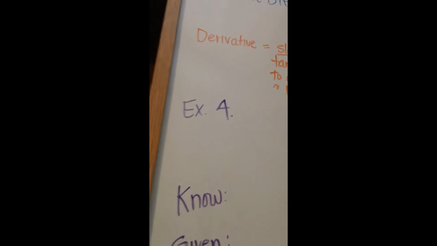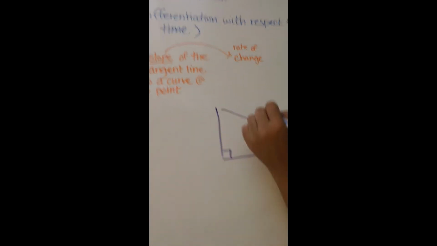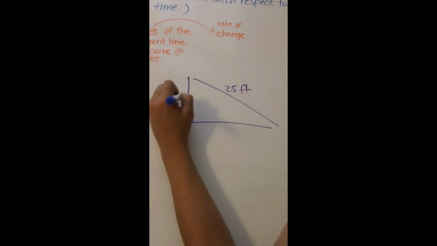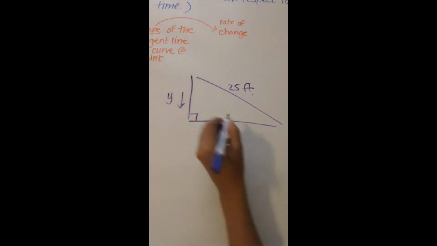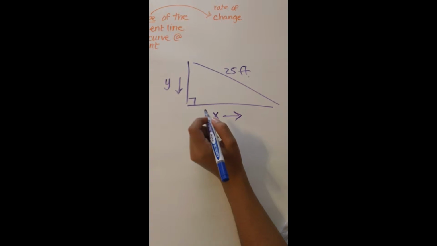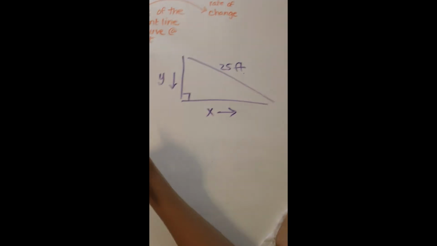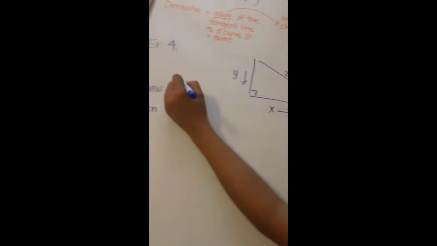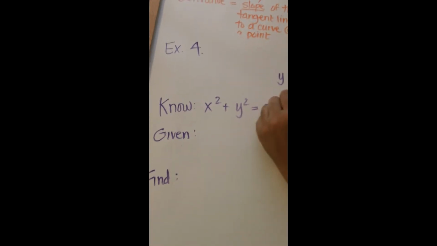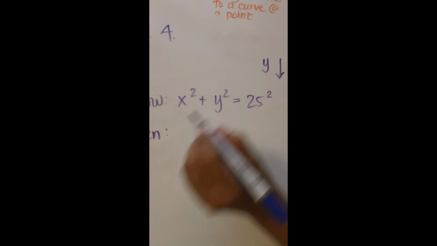So we've got a 25-foot ladder, and we know that the equation for a right triangle is x squared plus y squared, in this case, equals 25 squared.